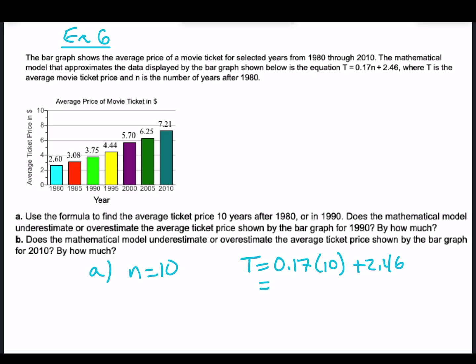Well, 0.17 times 10 is 1.70 plus our 2.46. And when we add those together, we get $4.16. Well, how does that compare to what the actual average ticket price in 1990 was? Well, that's 4.16. If we look at the actual price, it was actually 3.75.